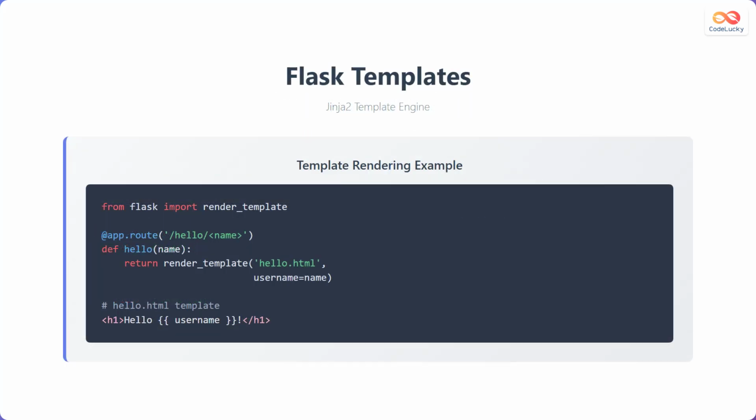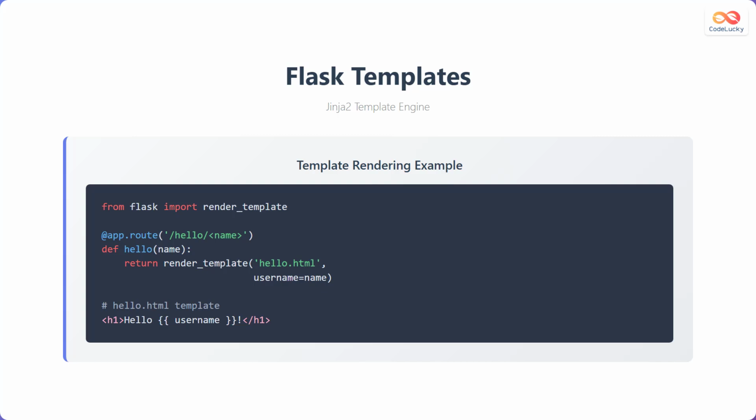Flask uses the Jinja2 template engine to separate presentation logic from business logic. Templates allow you to create dynamic HTML pages by embedding Python-like expressions within HTML markup. The render_template function loads template files from the templates directory and passes data to them using keyword arguments.